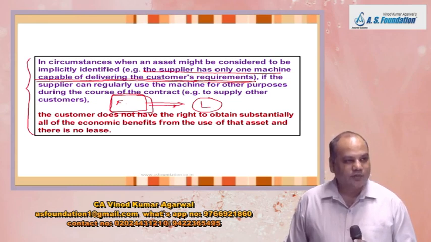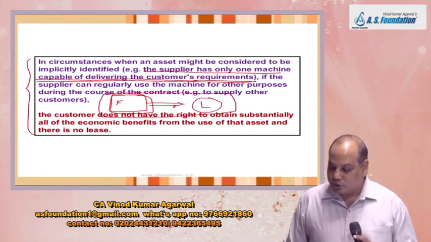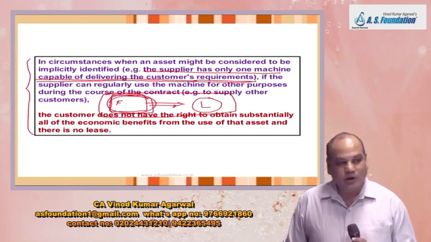He is manufacturing, selling it to L. But then the standard says you have to read the whole contract, and possibly it is a lease arrangement because there is an identified asset and all the economic benefit of that asset belongs to L.